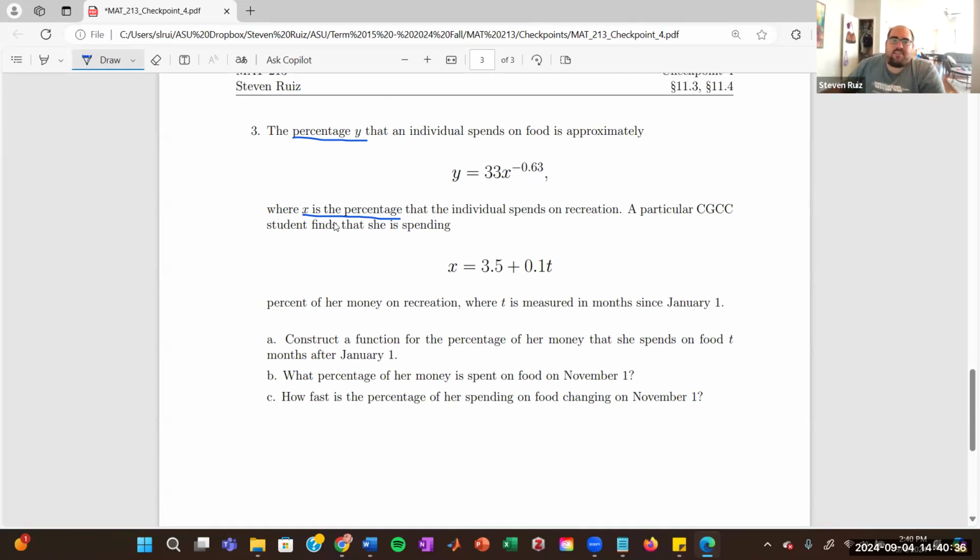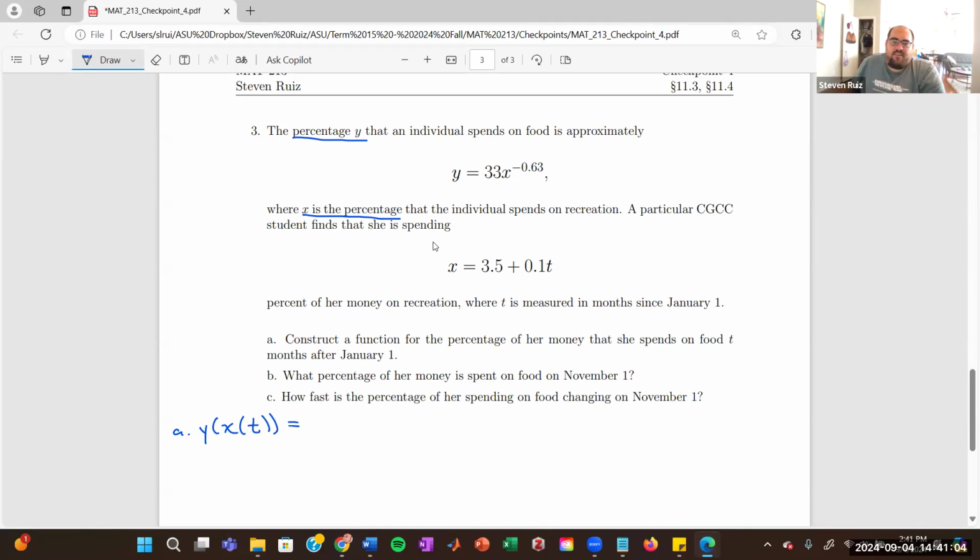So what does part A ask us to do? Part A asks us to make a function for the percentage of her money she spends on food as a function of t. So basically, I need to compose these two functions together. So y is a function of x, which is a function of t. Basically, I can put these things together.